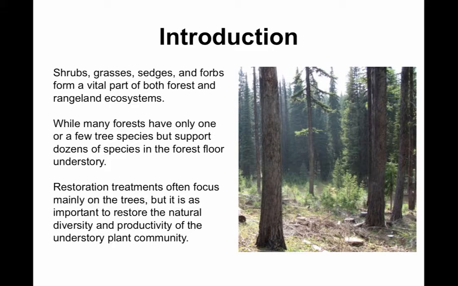And while in many instances these ecosystems are going to be supported or dominated by one, two, three, or a small subset of dominant species, such as ponderosa pine here in this picture, the forest floor and the understory and the regeneration layer is often dominated by dozens of species that comprise the understory of these ecosystems.